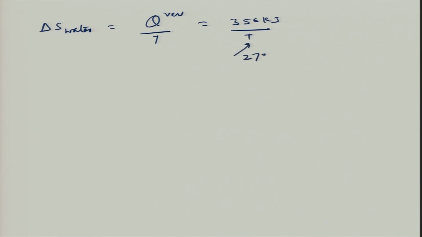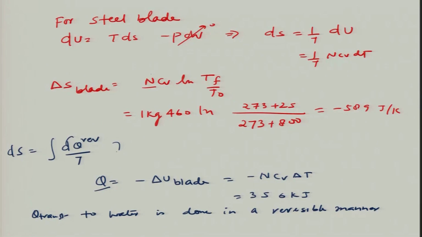This T is 273 plus 25, and then we can find the delta S of the universe, which is delta S of blade plus delta S of water. So this is one thought experiment based delta S calculation, because we are not being given any information.